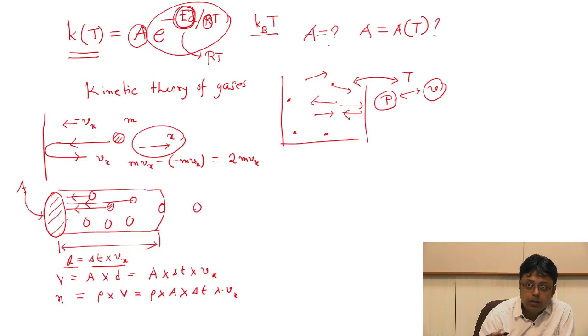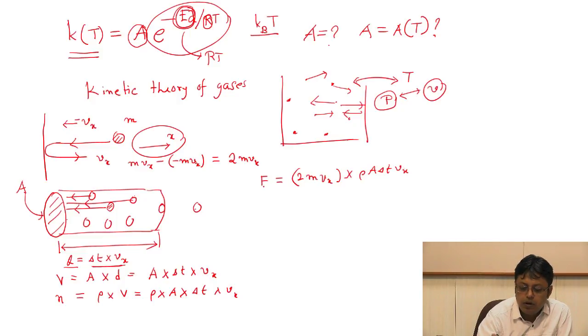So the total change in momentum will be each molecule's change in momentum, twice mvx, multiplied by rho A delta t vx.